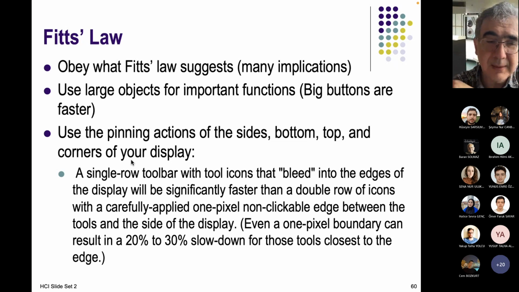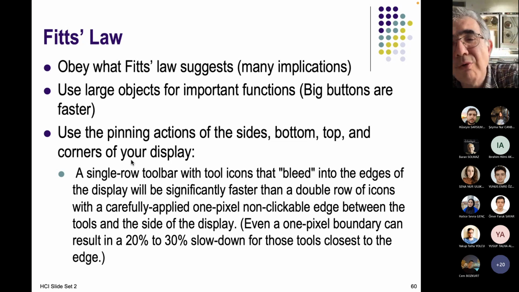If there is a space, I assume that this is a button here. Okay, this is a button up here. When you move, your mouse cursor may pass over the button, and if you click, it is not on the button.